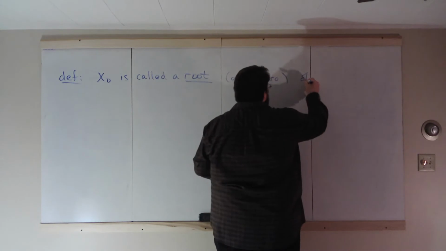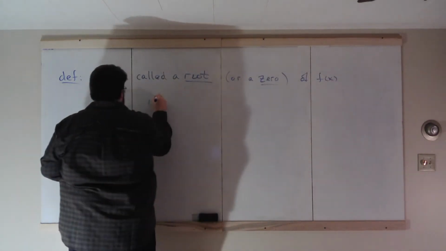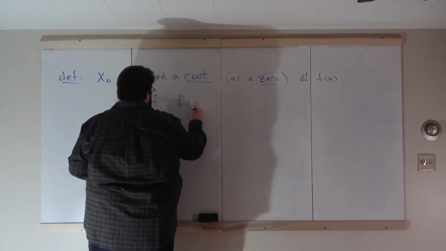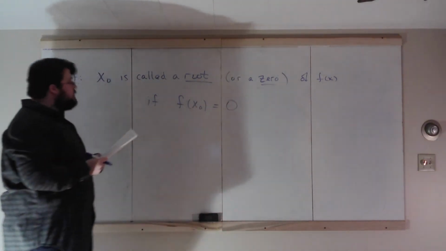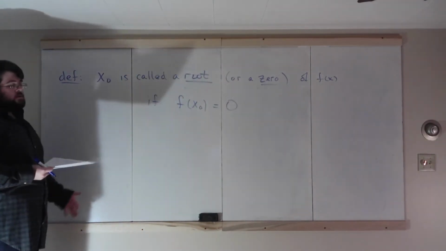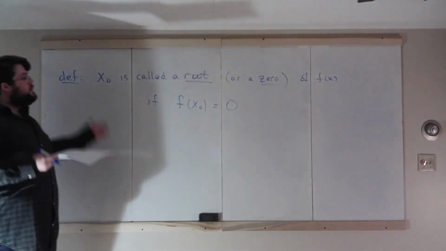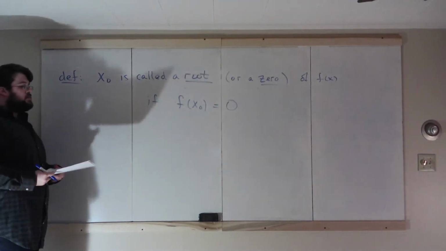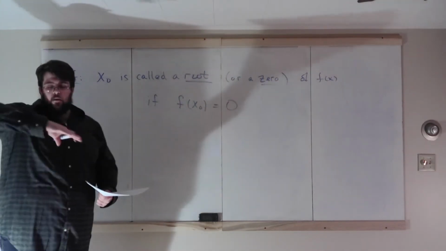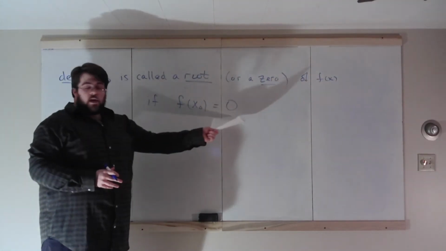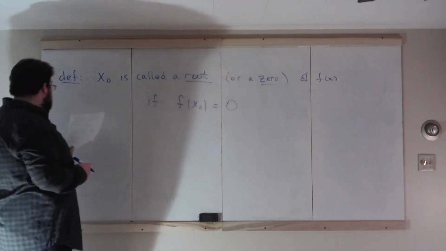Of f of x if f evaluated at x0 equals 0. So x0 is a root if f of x0 is equal to exactly 0. Well, in the graph we can see where that happens by looking at where the function goes to height 0, meaning where the function stays on the x-axis.